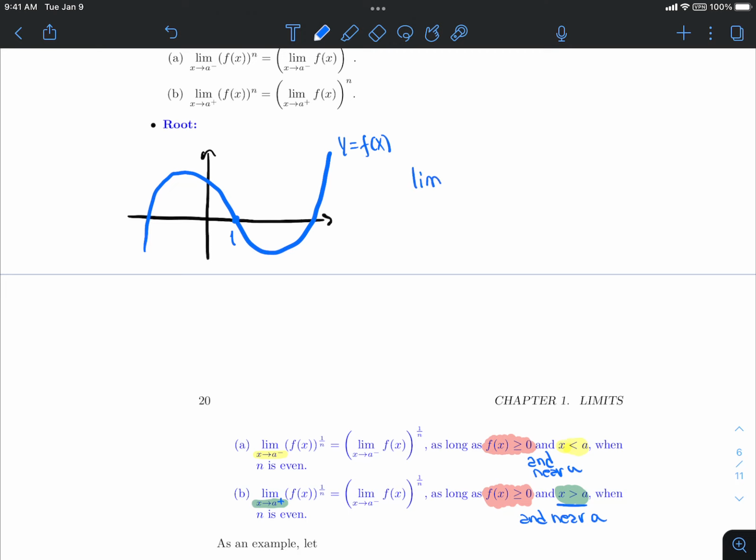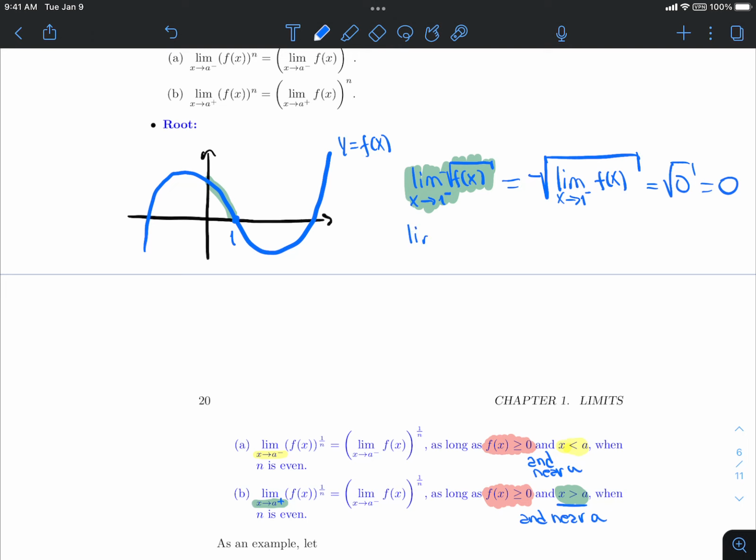Then you are allowed to calculate the limit of the root of f of x as x approaches 1 from the left, because to the left of 1, the graph is greater than 0 and the root of a positive value is well defined. So this is fine, and if we use the root rule, that's the root of the limit as x approaches 1 from the left of f of x, and from that graph the limit of f of x is 0, the square root of 0 is 0. So the root rule does apply.